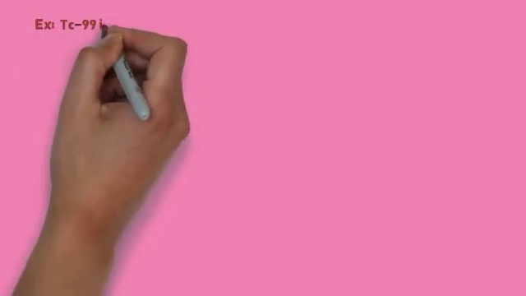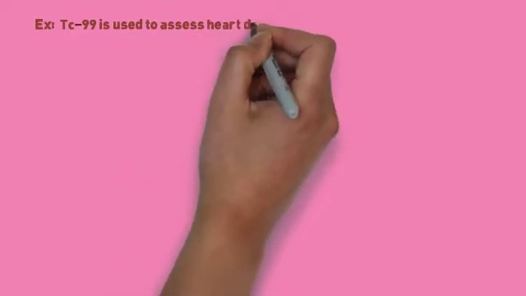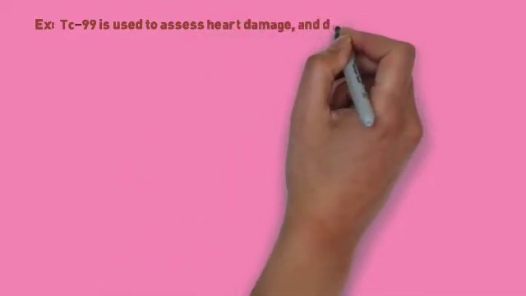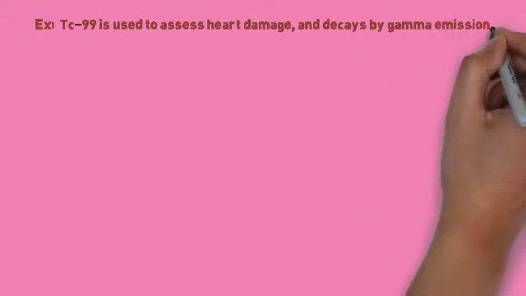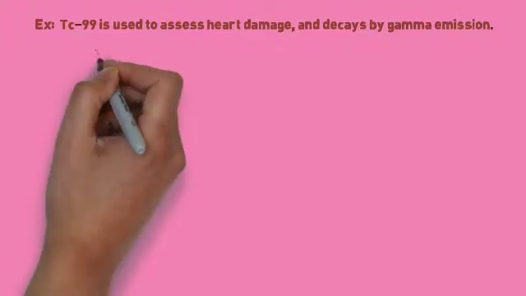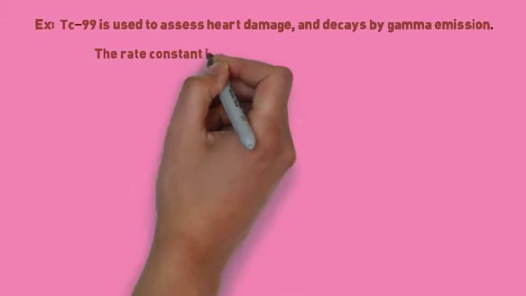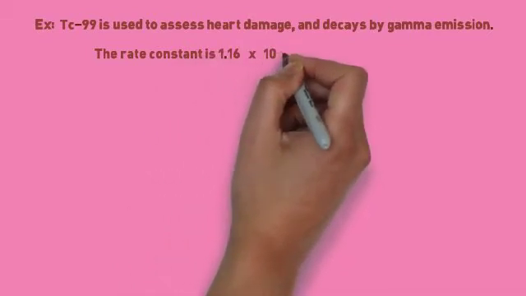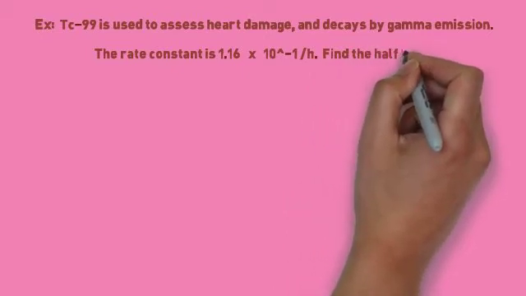All right, let's do some half-life problems. Technetium 99 is used to assess heart damage and decays by gamma emission. The rate constant is 1.16 times 10 to the negative 1 per hour. And you're going to have to find the half-life.